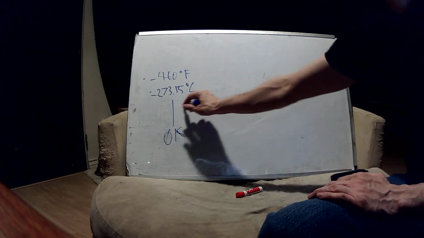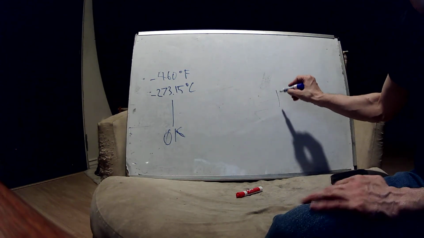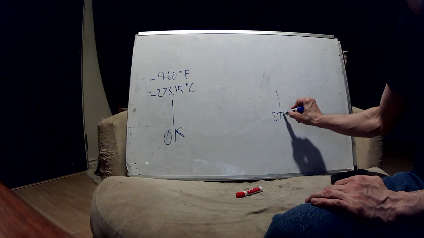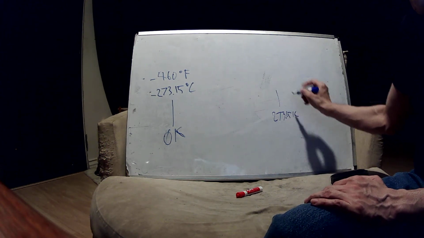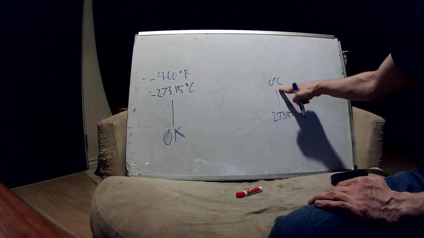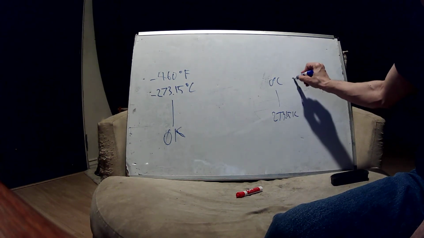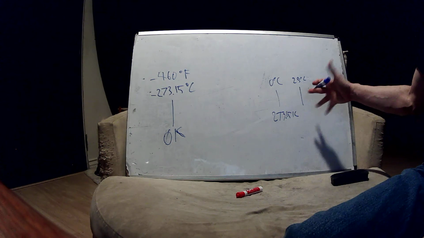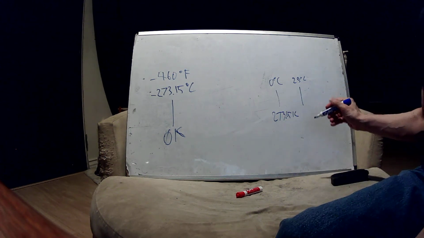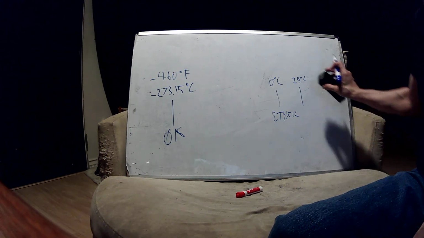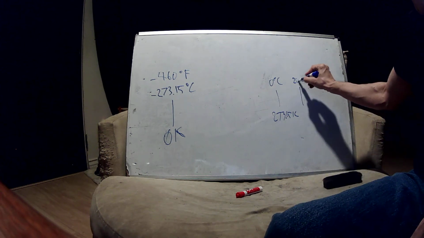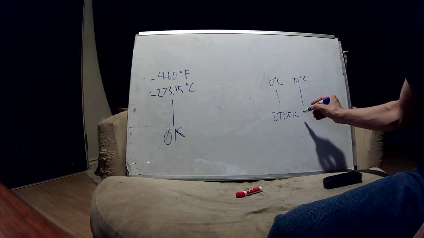And then, all the way over here we have 273.15 Kelvin, which is 0 degrees C, the freezing point of water, still really cold, right? And then here we've got like 25 degrees C, which is room temperature. Actually, I think room temperature is 20 degrees C. That's the standard definition, right?